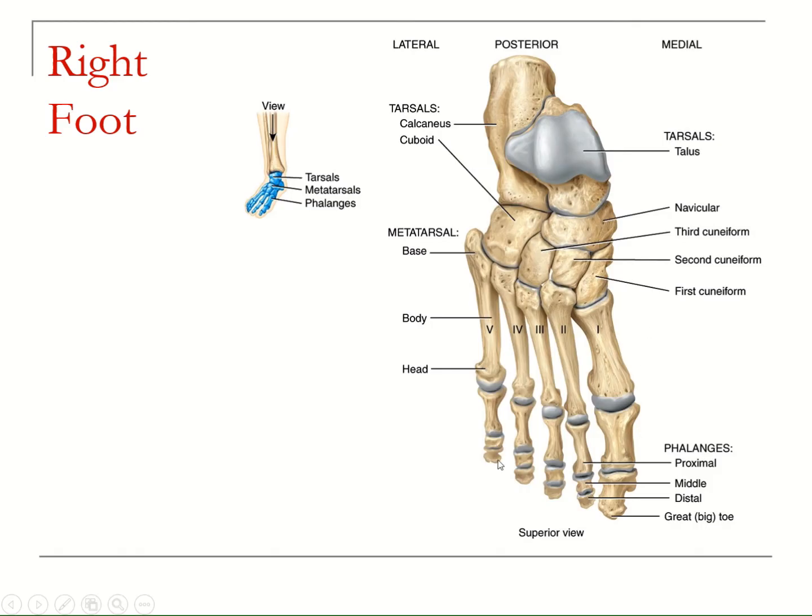And then you have your phalanges. Same with the phalanges of the upper extremity, the big toe will only have 2, like the thumb, proximal and distal phalanges, while your second to last toe will have the middle, distal, and proximal phalanges.